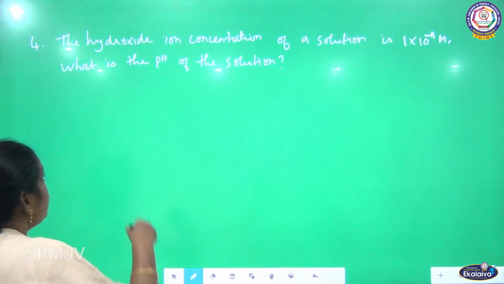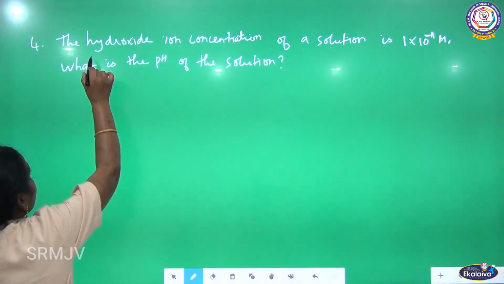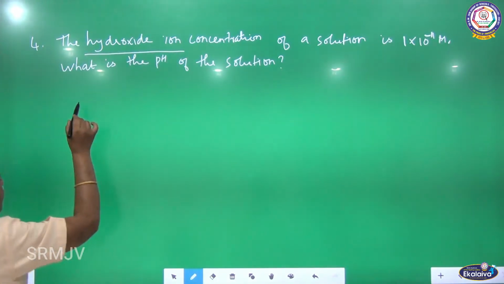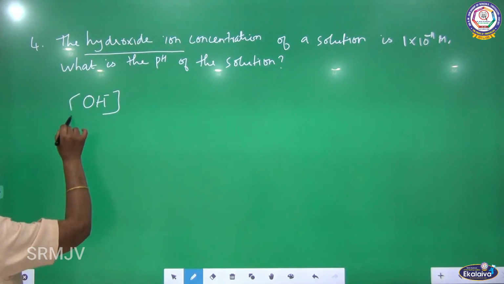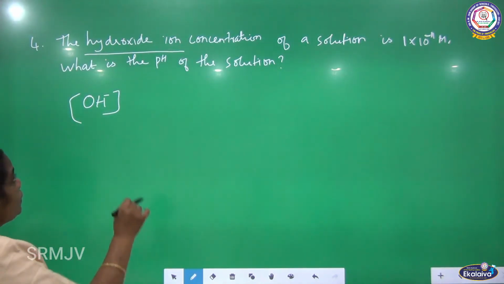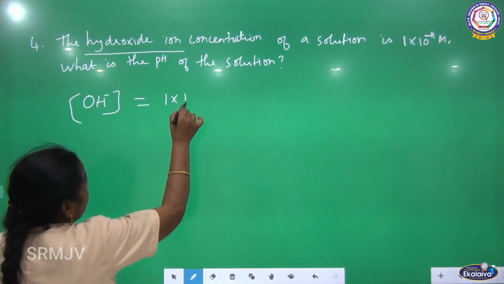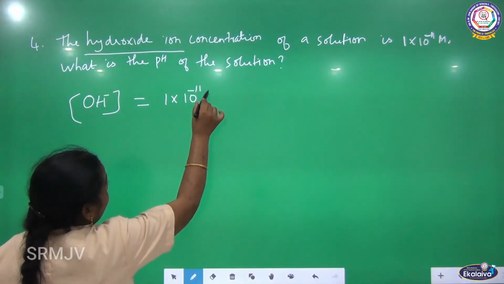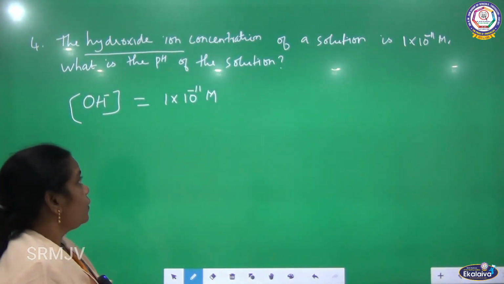Now see this, what is given? The hydroxide ion. Hydroxide ion means nothing but OH minus ion. So what is the concentration given? 1 into 10 to the power minus 11 moles, molar concentration.